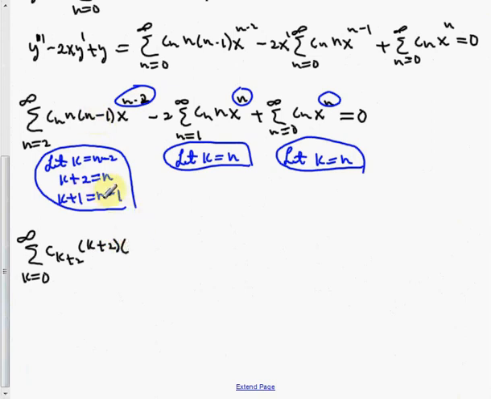Then the n minus 1 is k plus 1 in parentheses times x to the k. It's minus 2 times the summation as k goes from, well, k is just n, so k goes from 1 to infinity of c sub k times x to the k.